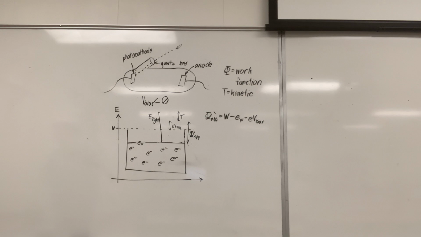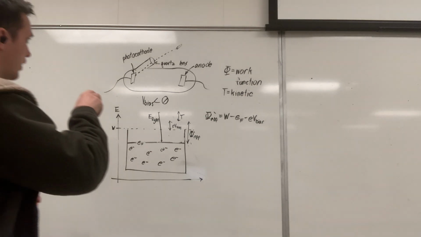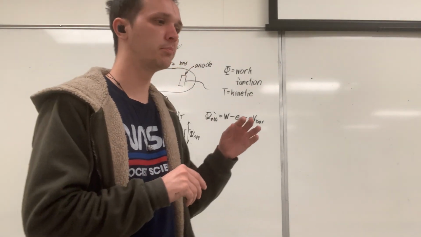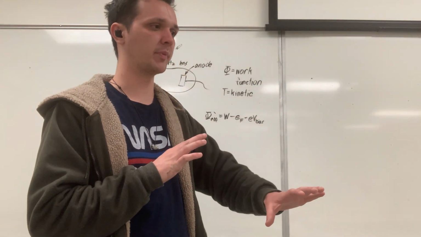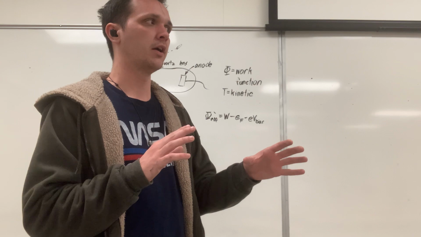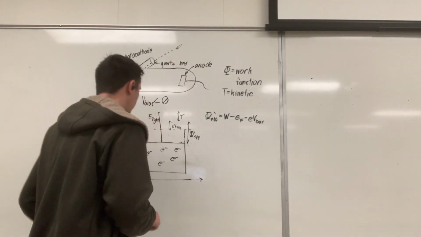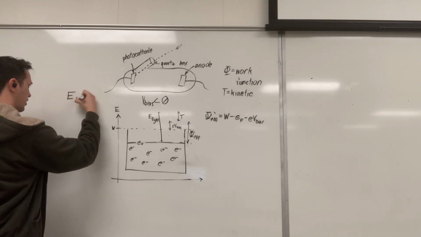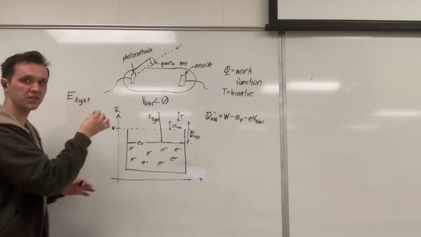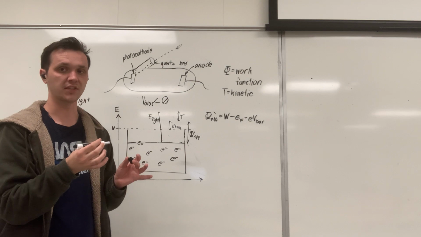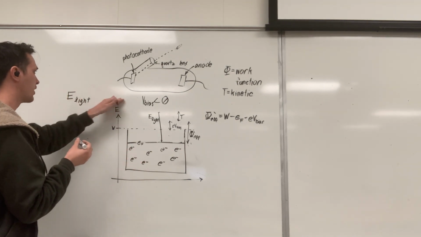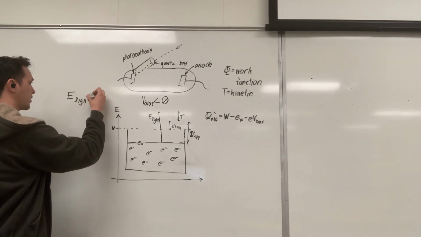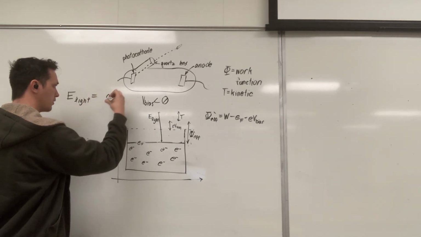The first interpretation is he kind of built on the work of Planck. So Planck, in a completely different experiment, no reason to necessarily suggest that this would be applicable to this experiment, found that the energy of light was exactly proportional to the frequency of that light.